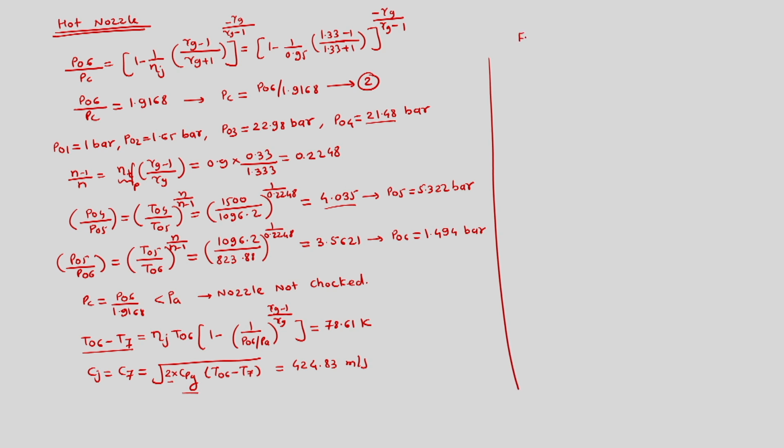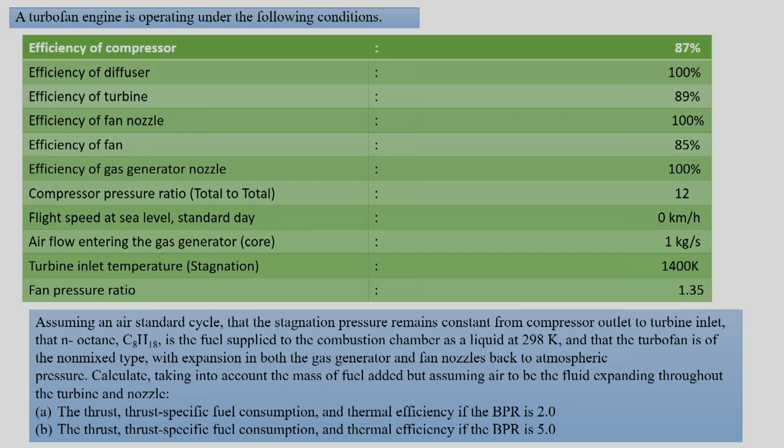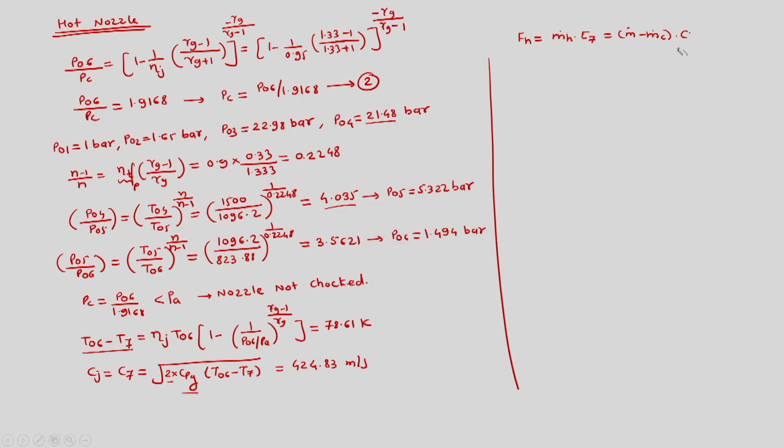So we can find out hot thrust is equal to m dot h into C7. So it is (m dot minus m dot c) into C7. So we have hot thrust is equal to (190 minus 158.33) into C7.